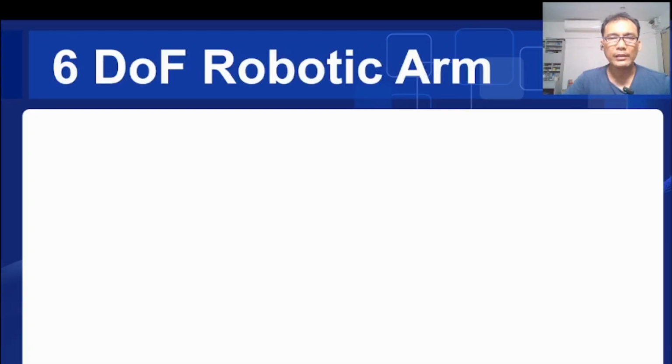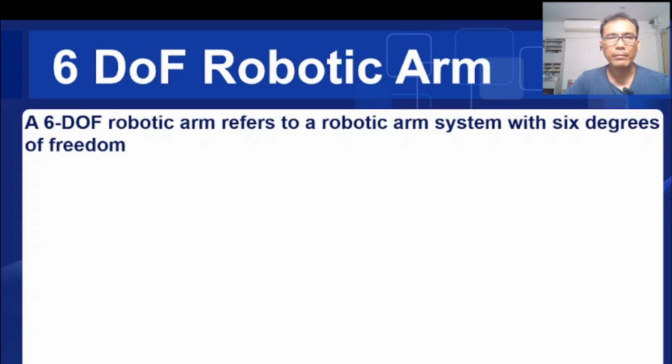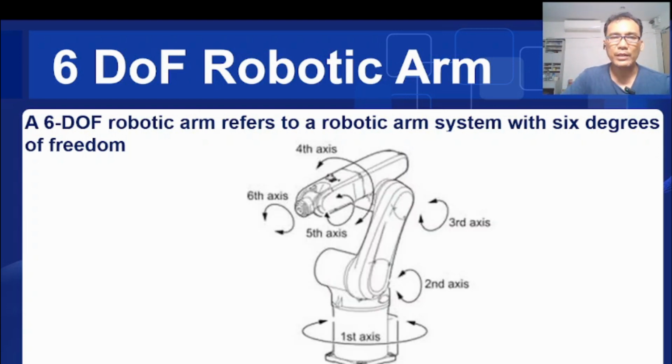A 6 degree of freedom robotic arm refers to a robotic arm system with 6 degrees of freedom. So here is the picture of the 6 degree of freedom robotic arm.